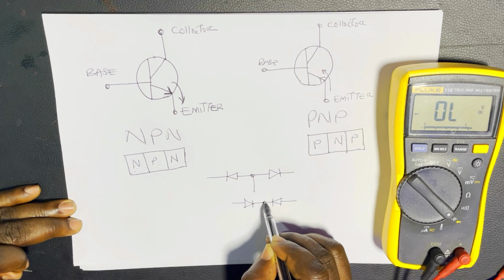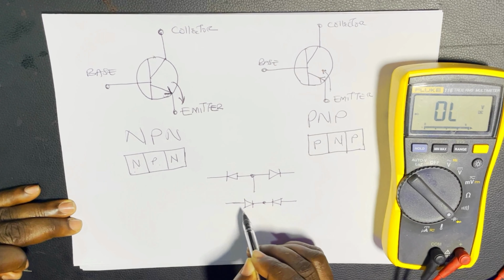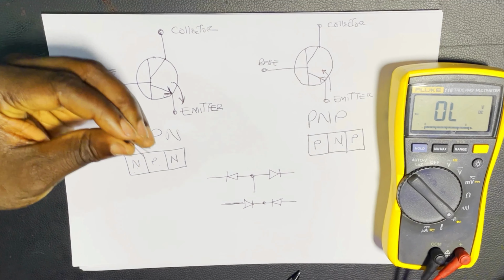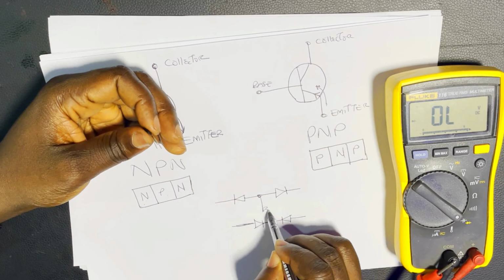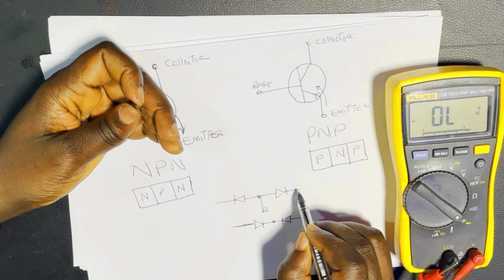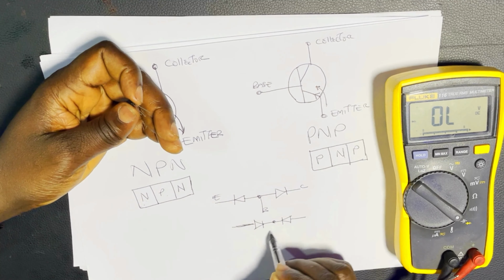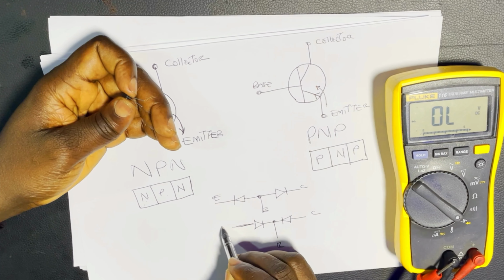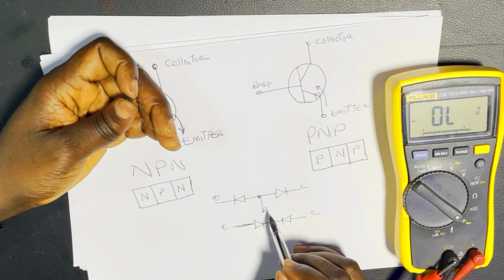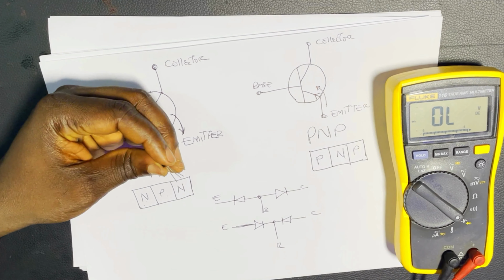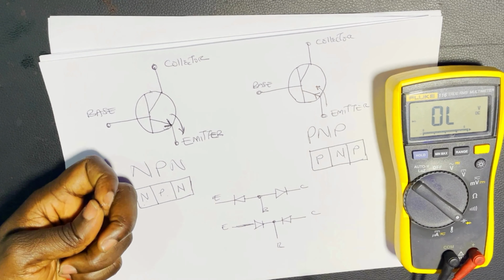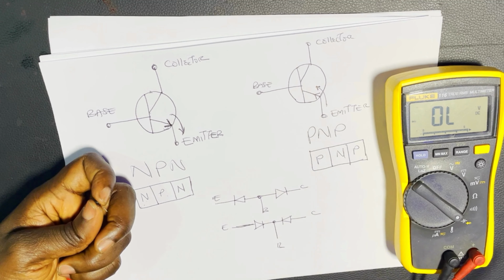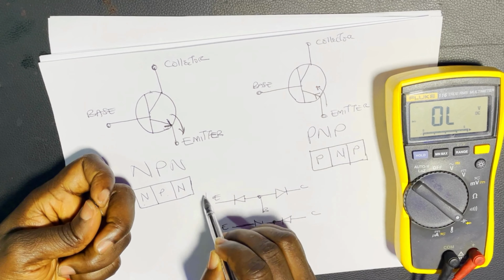You can see it's actually two diodes connected back to back. If you take this principle, this should be your base, and this could be collector or emitter. So from this diagram you can tell which one is NPN and which one is PNP.